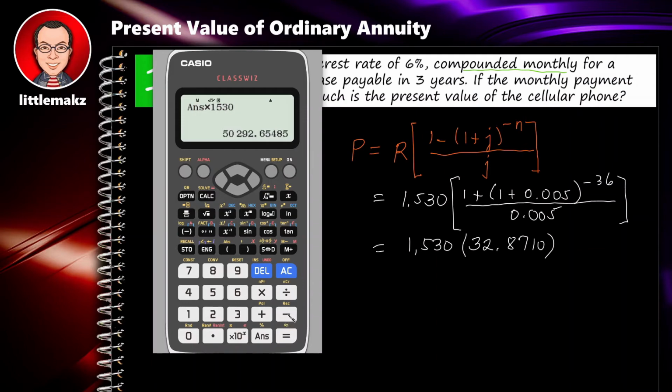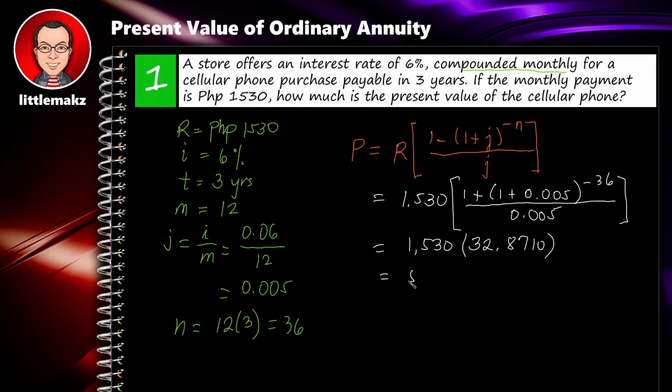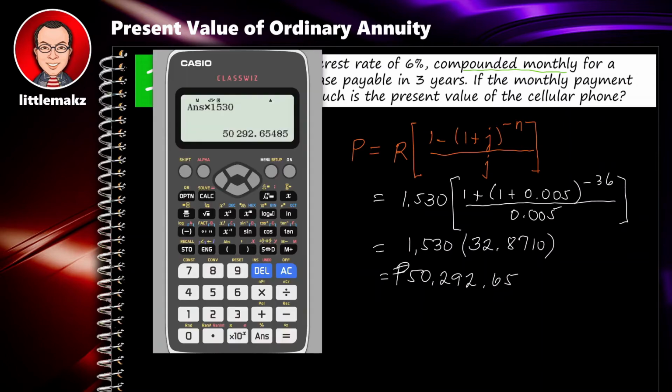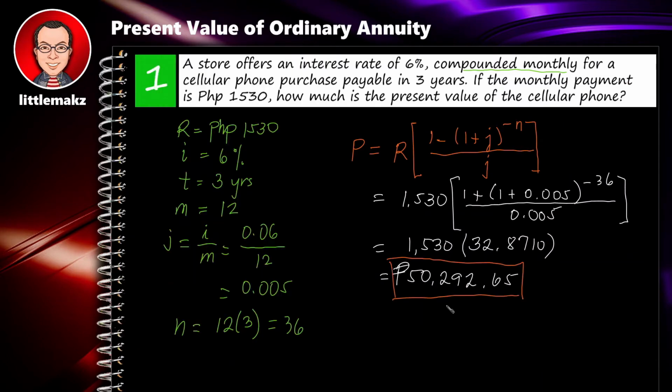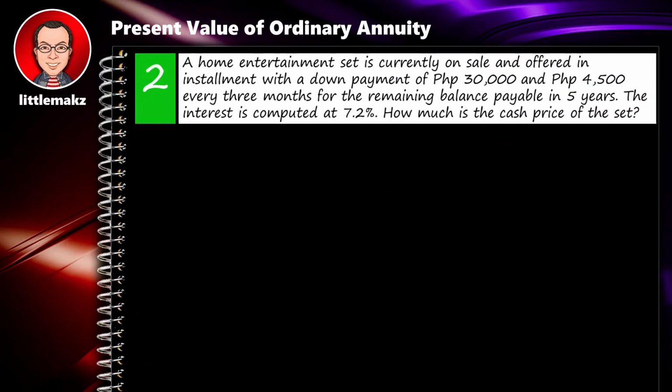So we have 50,292 pesos and 65 centavos. So this actually is our present value. Okay, let's go to our next example.